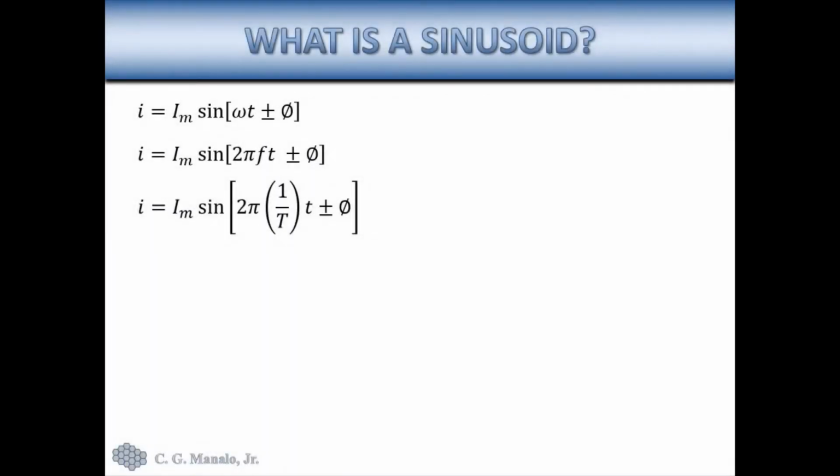A sinusoid can also be used to express current. In AC circuit analysis, a sinusoid expresses either a voltage or a current. In this case, we have shown it to express a current.